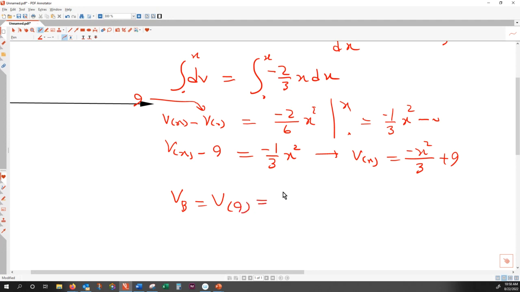It should be minus 81 divided by 3 plus 9. All right. So that makes this one equal to minus 18 kilonewton. All right. Is that fair?